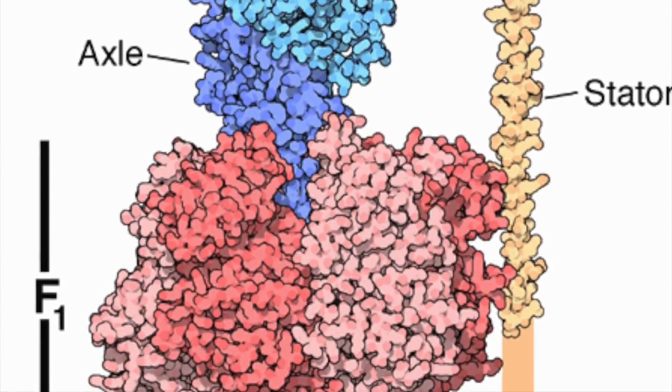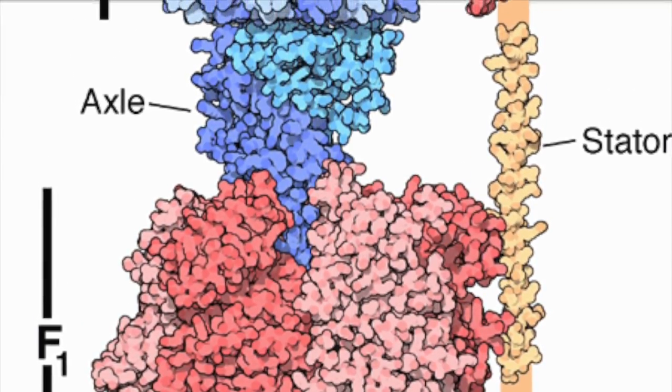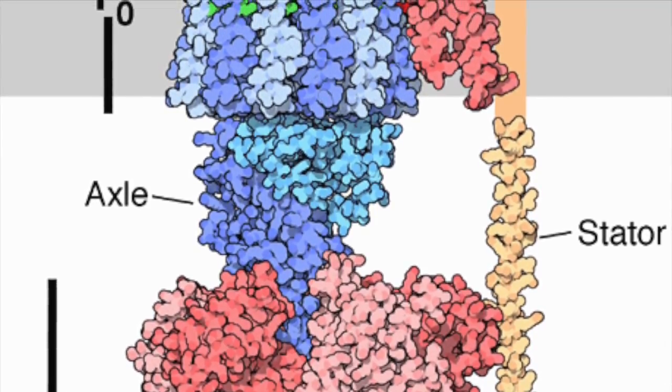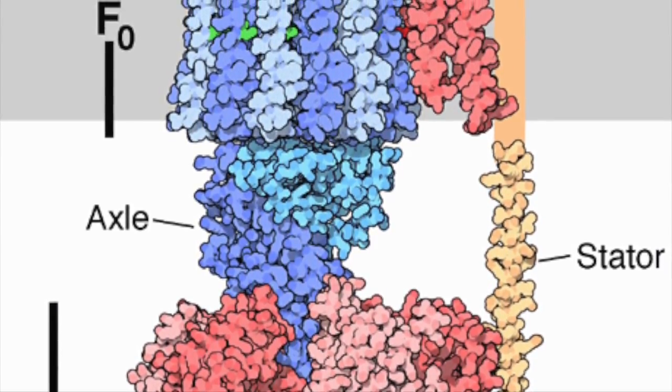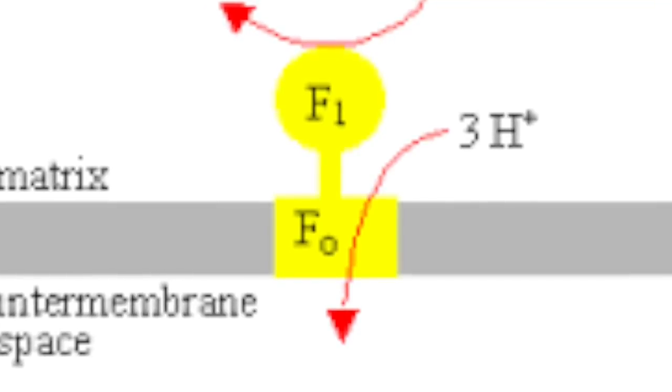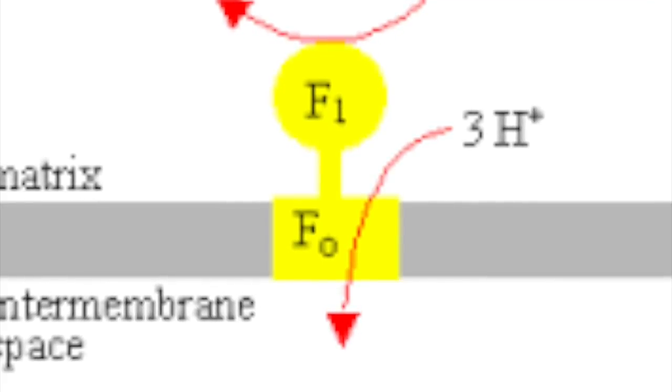The first subunit, F0, creates the channel that the protons pass through. F1 catalyzes the synthesis of ATP from these protons. The proton movement through the channel made by F0 causes the channel to rotate, creating kinetic energy from potential energy.